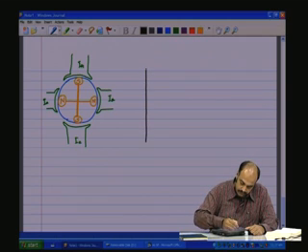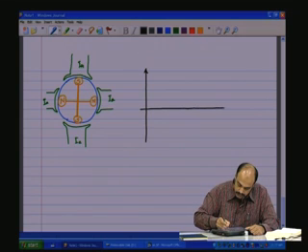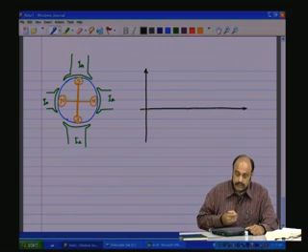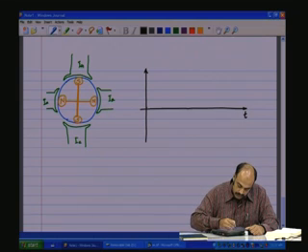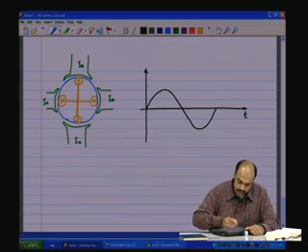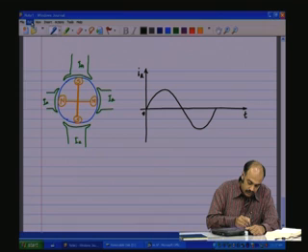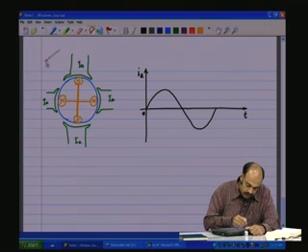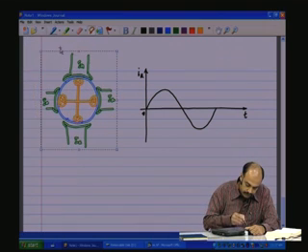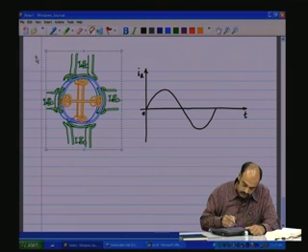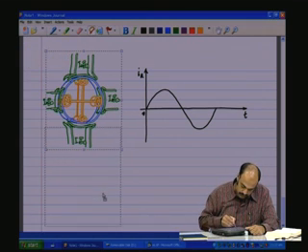Now let us have the IA current also. This is the IA current at this point. Let me copy this whole portion, copy, and let me also paste it and have a duplicate here.